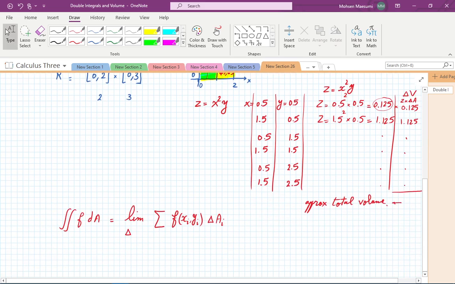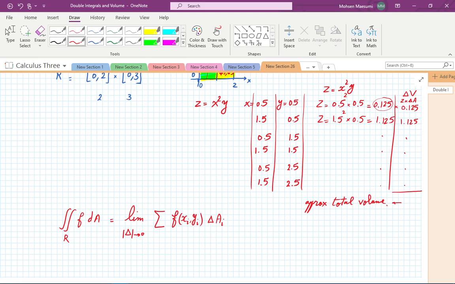So that is how we take the limit. At the limit, as our grid becomes smaller and smaller to the point that the diagonal of all the cells goes towards 0, the limit of this sum is defined to be the double integral. Okay, so this is similar to what you had in Calculus 1 with the so-called Riemann integral.